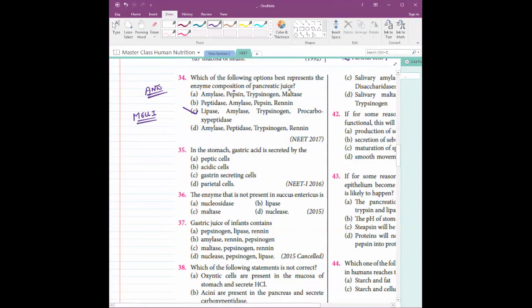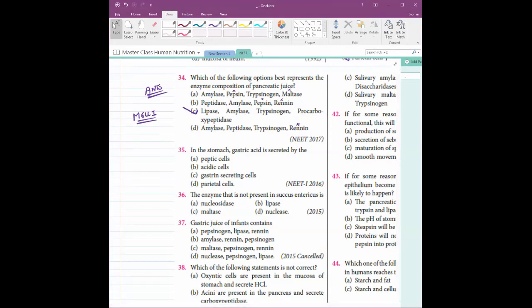Peptidase, amylase, pepsin, again pepsin is wrong. Renin, where are we going to see renin, guys? In your stomach only, so this is also wrong. Then the third one is right. And the fourth one, peptidase is fine, but renin is completely wrong. So even if you don't know the right answer, by the method of elimination you can still land on your right answer, guys.